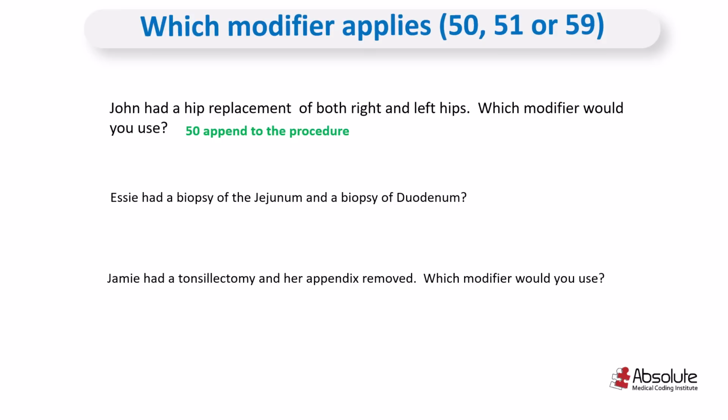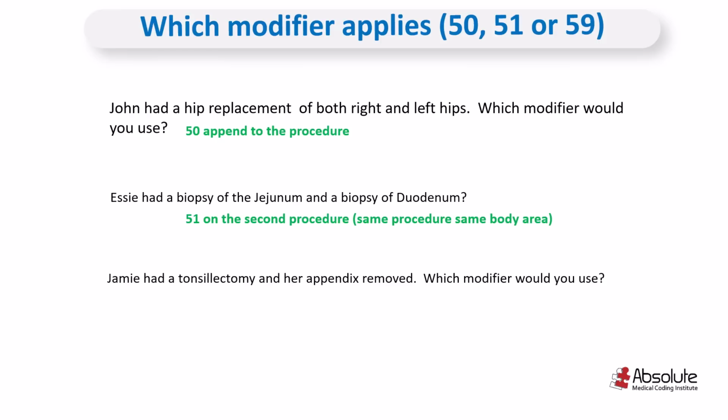SC had a biopsy of the jejunum and a biopsy of the duodenum. Is it modifier 50, 51, or 59? What say you? So 51. We would append 51 on the second procedure.